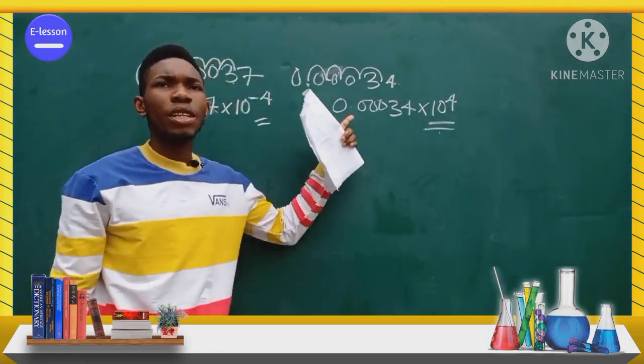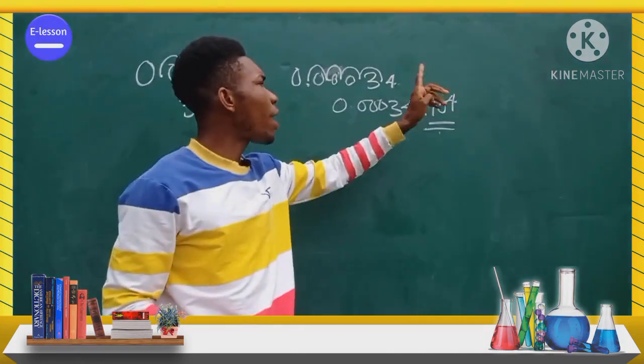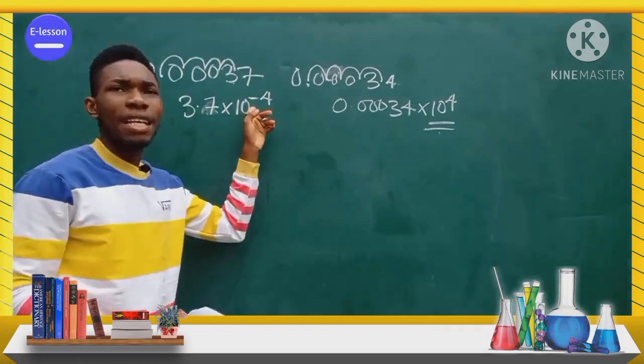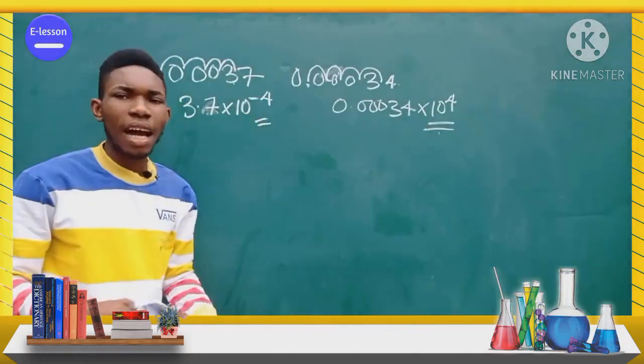Reason being that you are moving it backward. So whenever you are moving it backward, it becomes positive, while if you are moving it forward, your index becomes negative. So that is how to express this in standard form.